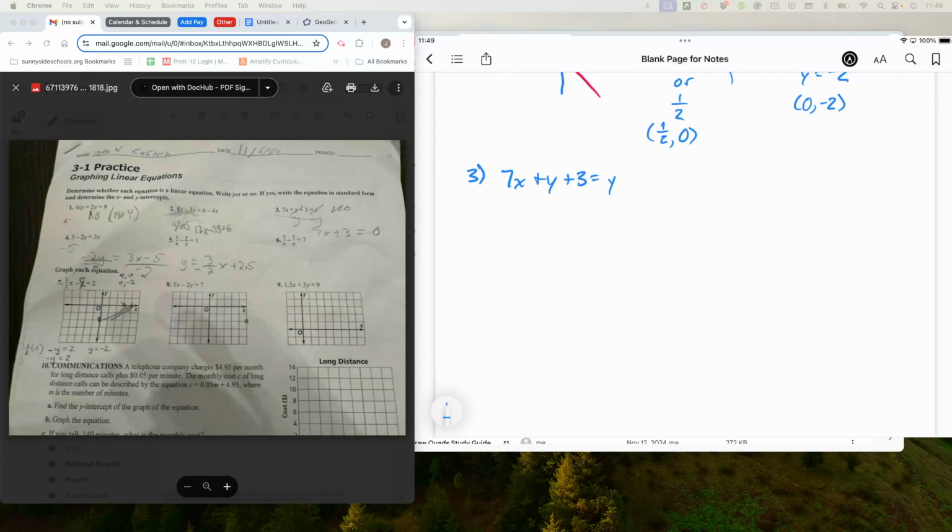Nothing funky is happening to y here, but he does have them crossed off, and what's really going on there is if we were to get this set up like ax plus by equals c, we would want the constant on the right. So we would subtract 3. Then we would have 7x plus y is equal to negative 3 plus y. We would want to move that y to the left, so we would subtract y.